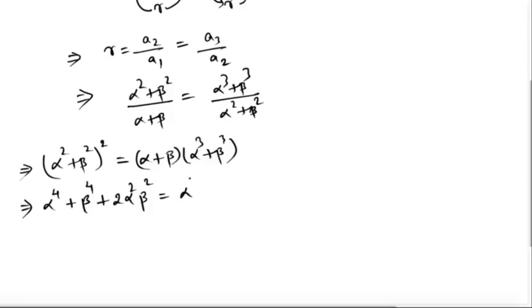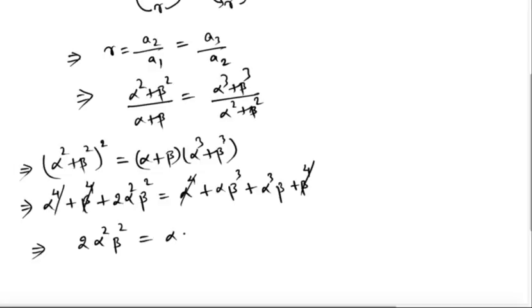So this will give me alpha⁴ + alpha beta³ + alpha³ beta + beta⁴. On subtracting alpha⁴ and beta⁴ from both sides of the equation, this and this will cancel out. So finally I'll just have 2 alpha² beta² equals to alpha beta³ + alpha³ beta.